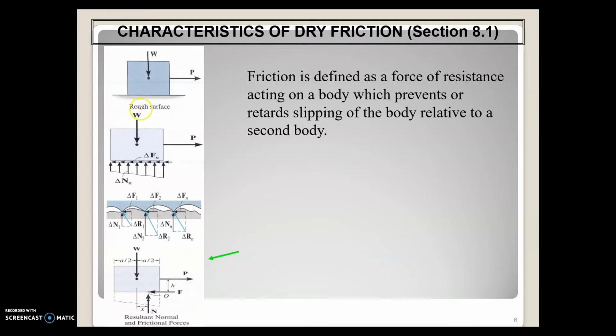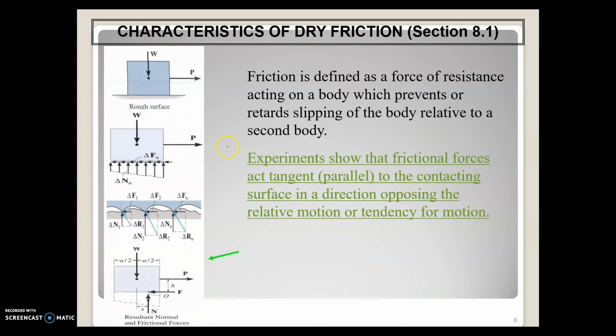Mana contoh blok ni dengan permukaan ni. Experiment show the frictional force acts tangent, which is parallel to the contacting surface in direction opposing the relative motion or tendency for motion. So jawapan tadi yang pertama adalah parallel.